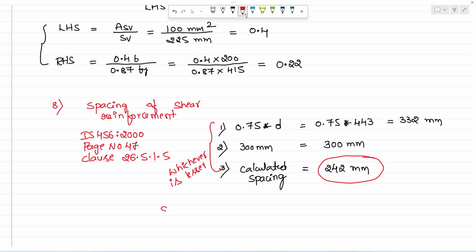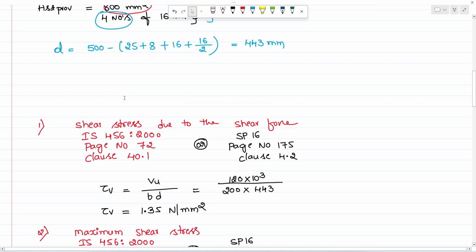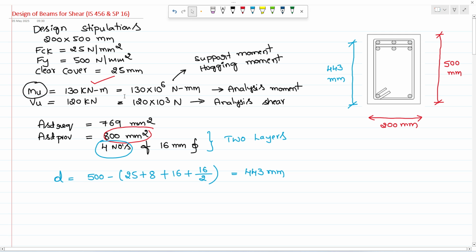But I provided Sv 225 mm. Hence it is satisfied. So this is how you can use IS 456 for design of beams for shear.